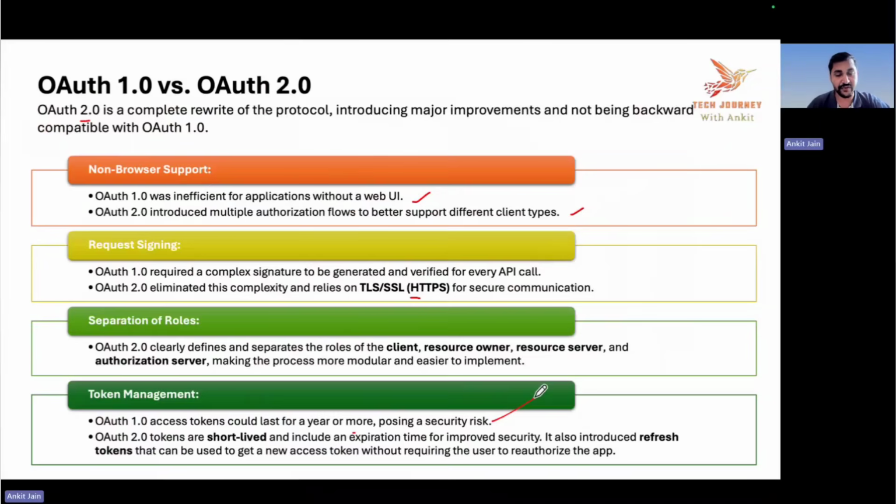As we discussed, if you want to extend the short-lived token, you can take the help of the refresh token without requiring the user to re-authenticate again and again. That kind of token management was not available in 1.0, and that's why most enterprises only use OAuth 2.0 whenever they have to include an open authorization request.